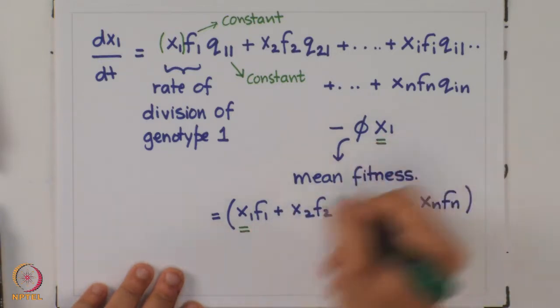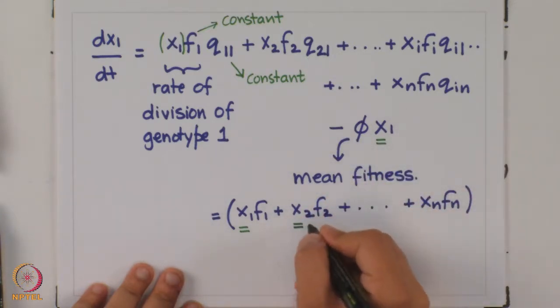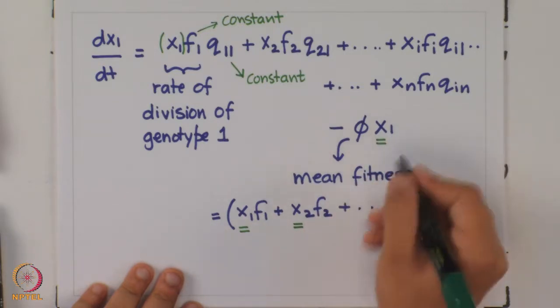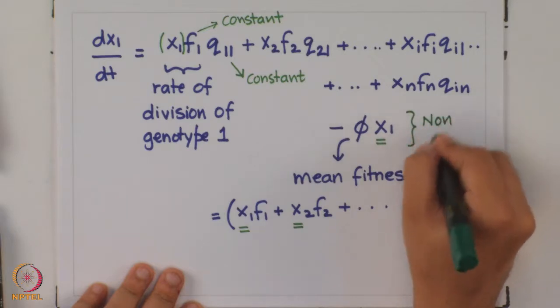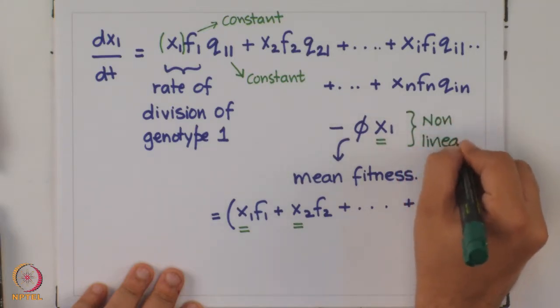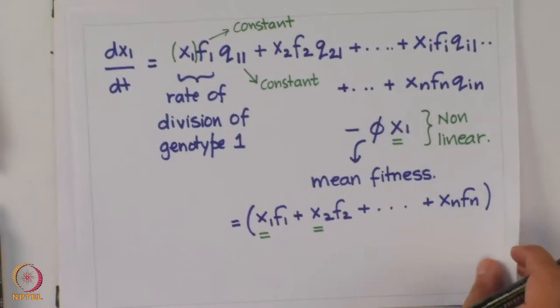So, there is an x1 squared term, then the second term in phi is x2, that multiplies with x1, so there is an x1 x2 term. This makes the equation non-linear, which makes solving this equation a little non-trivial. Alright. So, it is a non-linear differential equation, and of course, we will have one such equation for every genotype that we are talking about. So, we are talking about solving n nonlinear differential equations simultaneously to track the dynamics of this process.